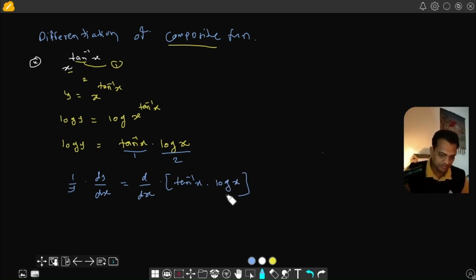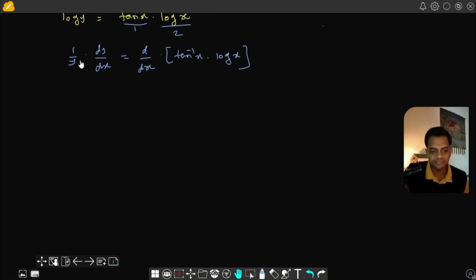Now how to solve this? This will be as it is, 1 upon y into dy by dx.